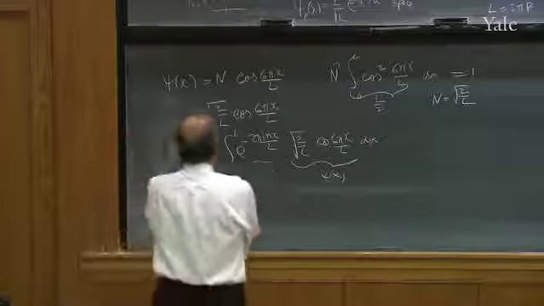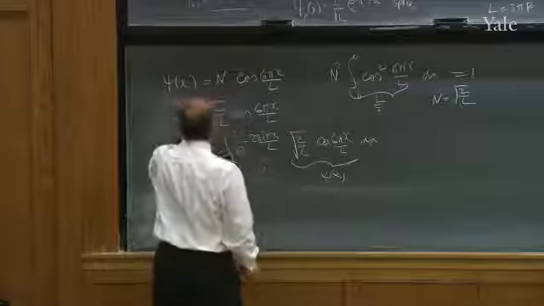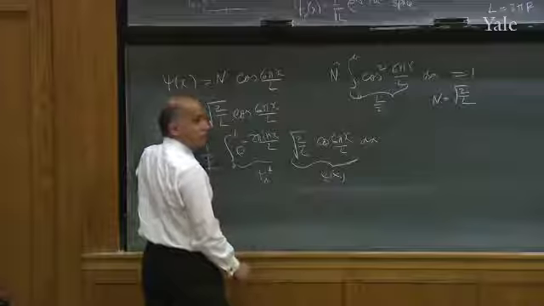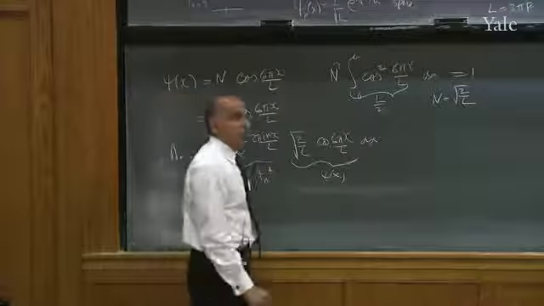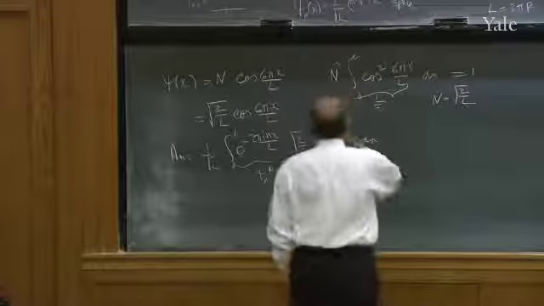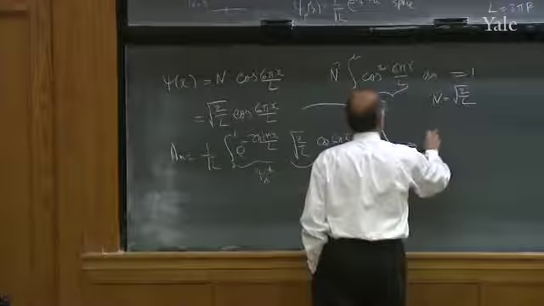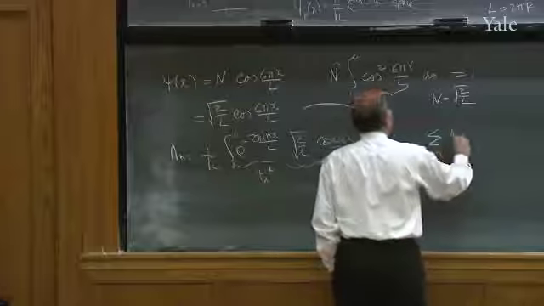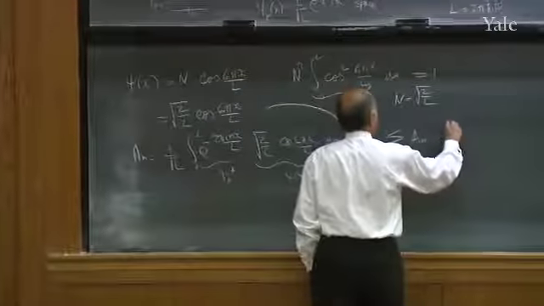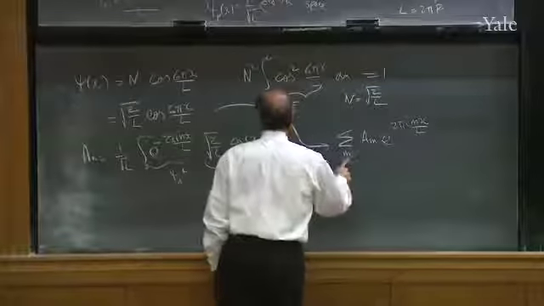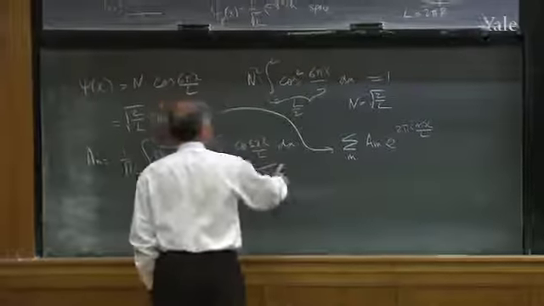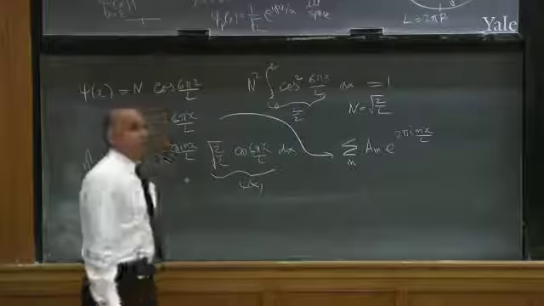In other words, I want you to write this function as a sum over exponentials just by looking at it. Can you tell me what it is? I want you to write it in the form sum over m of a_m e to the 2 pi i m x over L. You can find the a_m by doing all this nasty work, but I'm saying in this problem, there's a much quicker way.